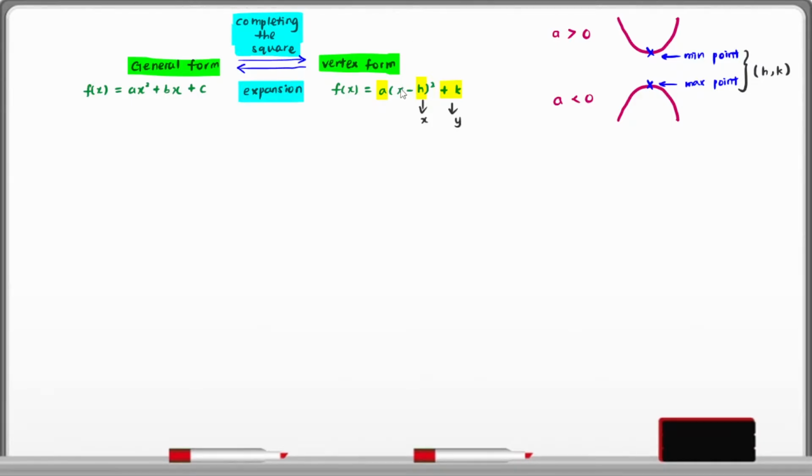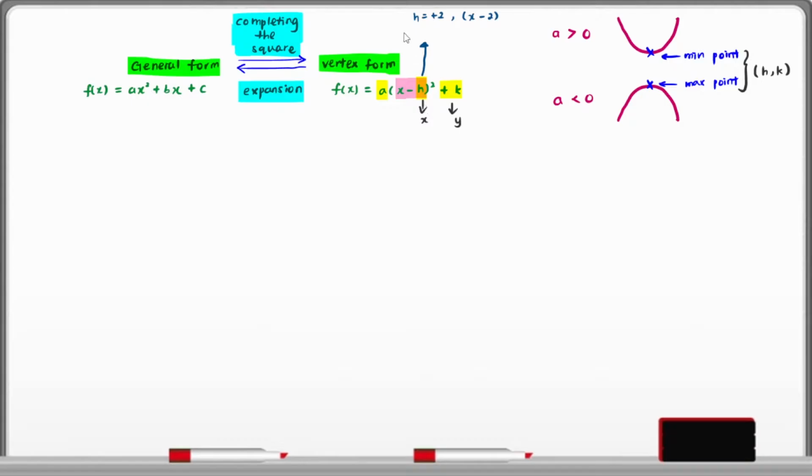Now I want to draw your attention to the bracket in the vertex form. If the coordinate x is positive, for example, h is positive 2, when you substitute it into the bracket, you're going to get x minus 2.